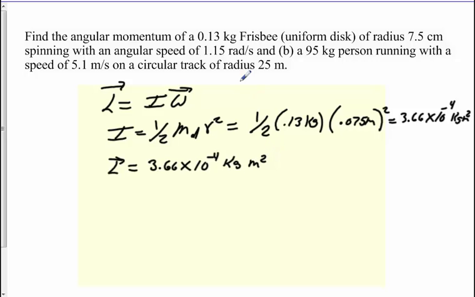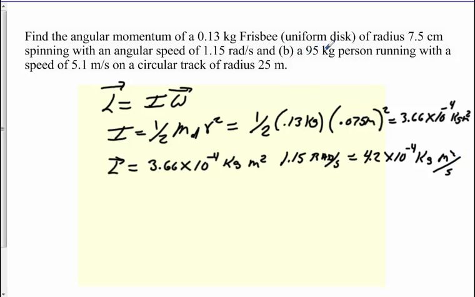I will multiply that by the angular velocity of 1.15 radians per second. And when I do that, I will get a value of 4.2 times 10 to the minus 4th kilograms meters squared per second.